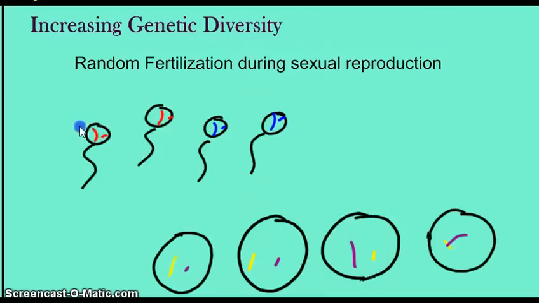You get the idea. So depending upon which sperm ends up fertilizing which egg, we also can end up with increased genetic diversity or increased combinations of chromosomes because of random fertilization. There's no way to control which egg is going to end up being fertilized by which sperm. And keep in mind that the long chromosome contains certain genes on it, but they are different colors to represent that some of those genes came from the mother and some came from the father.